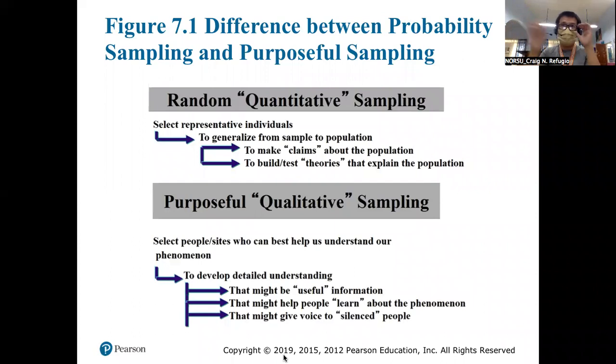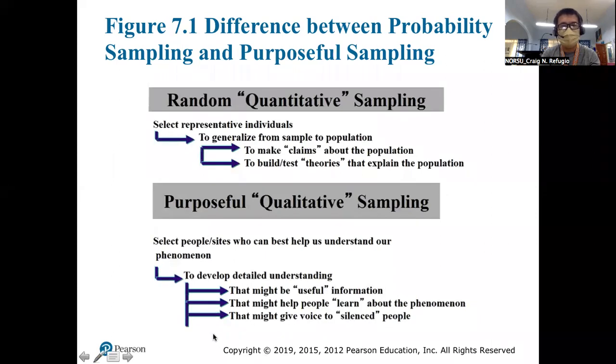And that's actually the main focus: exploration or understanding the phenomenon, to develop detailed understanding. So the understanding must be detailed, and we look into these different categories.